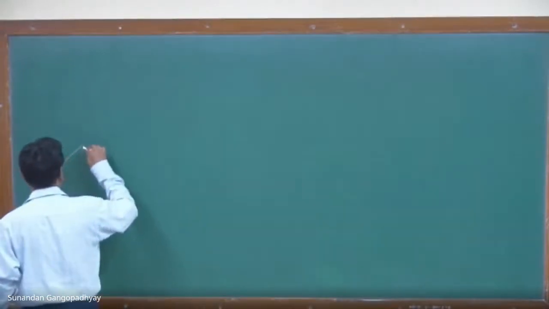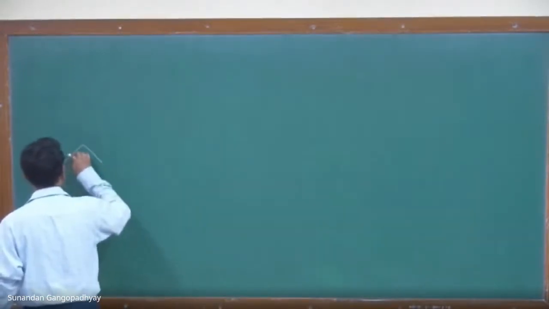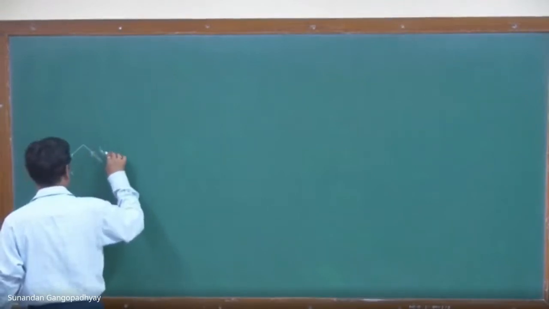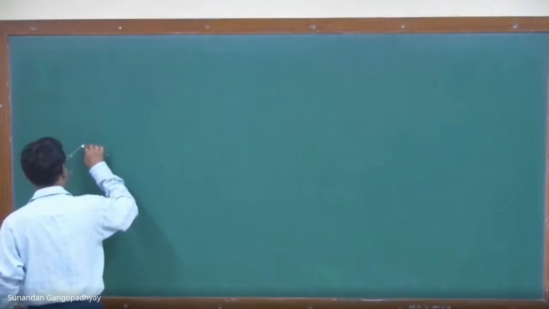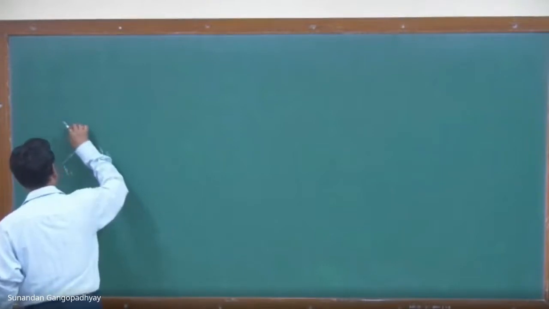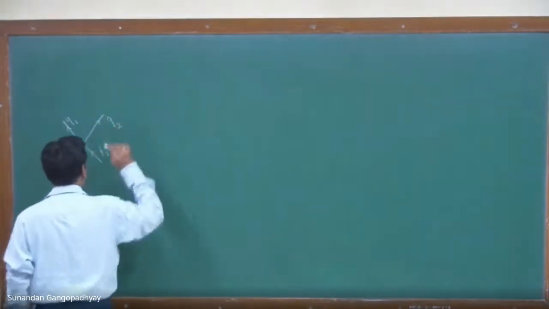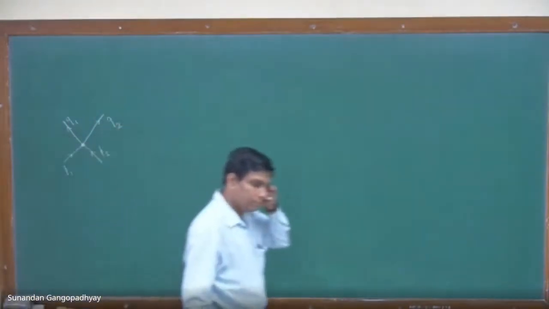So the two particles come like this. This has momentum P1, this has momentum P2, and since this is a phi-4 interaction, therefore you should get something like this, right?